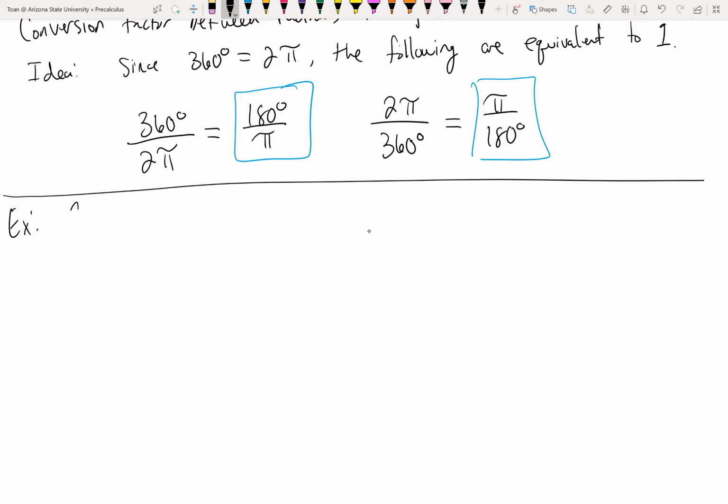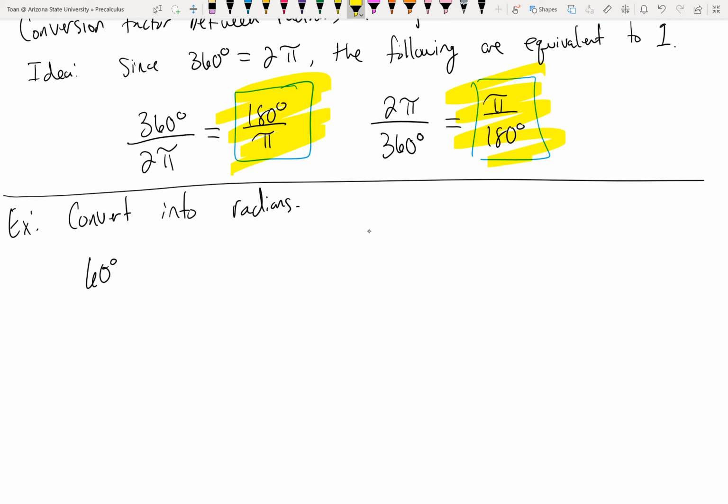For example, suppose I ask you to convert 60 degrees into radians. Do you agree that to answer this question, I need to get rid of degrees? So which conversion factor will I use?